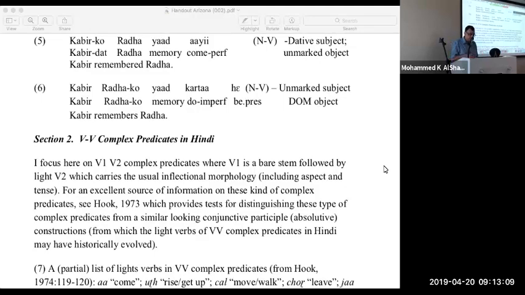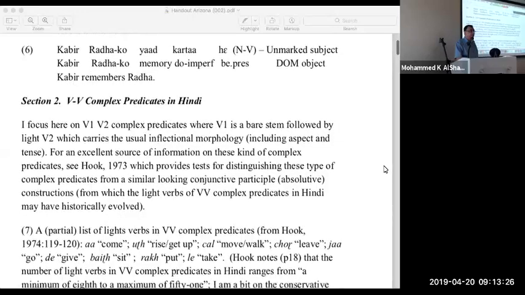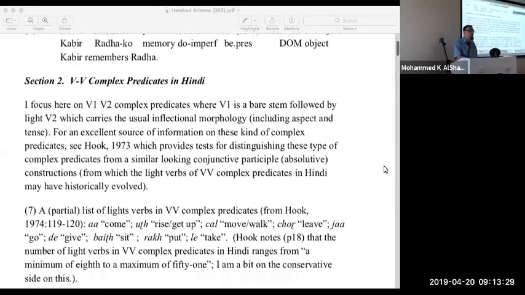I'll spend the next few minutes talking about the VV compounds or VV complex predicates. As I said, they are extremely productive. If you listen to people, pretty much every other sentence contains them.